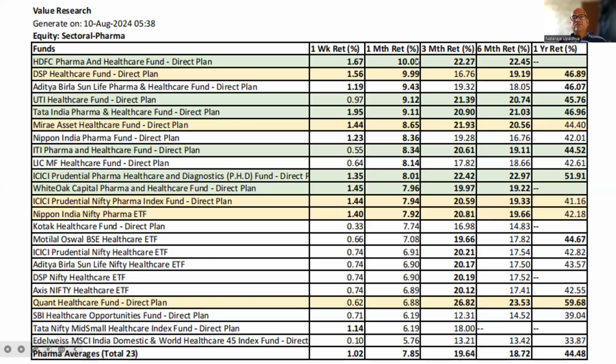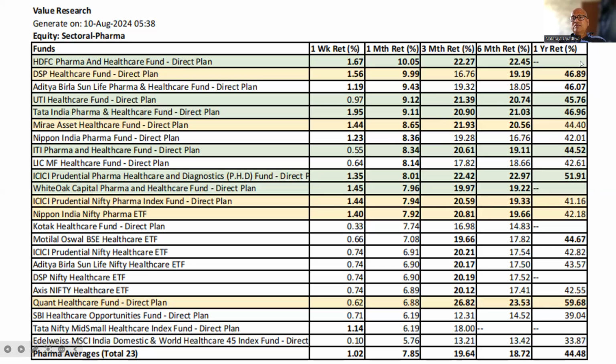So among the green ones, the top return for the month was 10.05% and the least was 7.96%, which is very impressive. But the sad story is that annual return is a bit subdued because pharma funds did not do well until recently. I would say only in the last 3 months they are doing well.